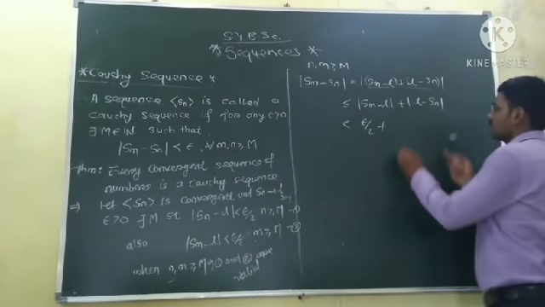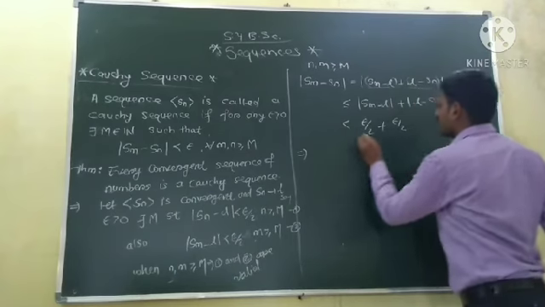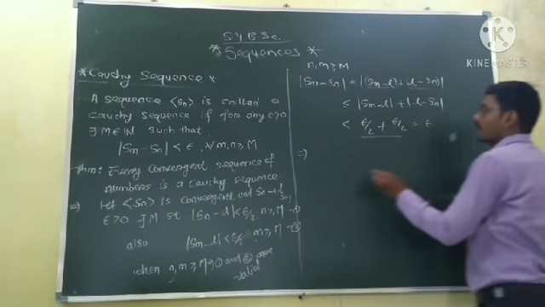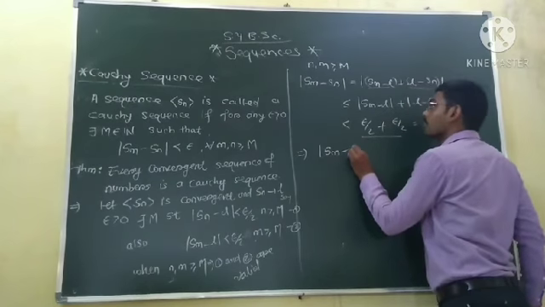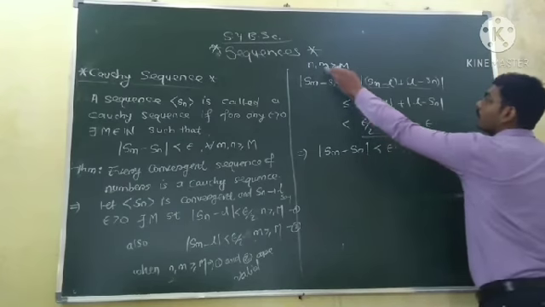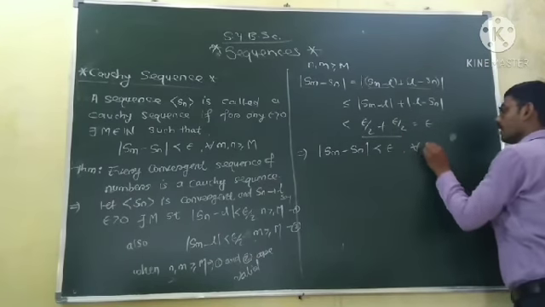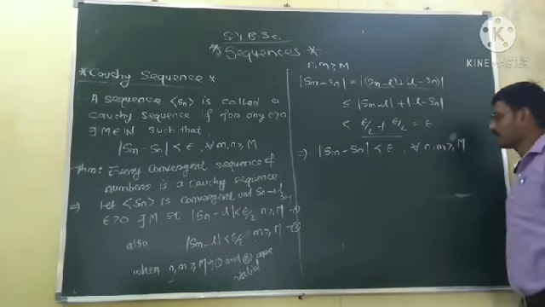So this addition is equal to epsilon. So this implies mod of Sm minus Sn is less than epsilon for all n and m greater or equal to this capital M, that natural number M.